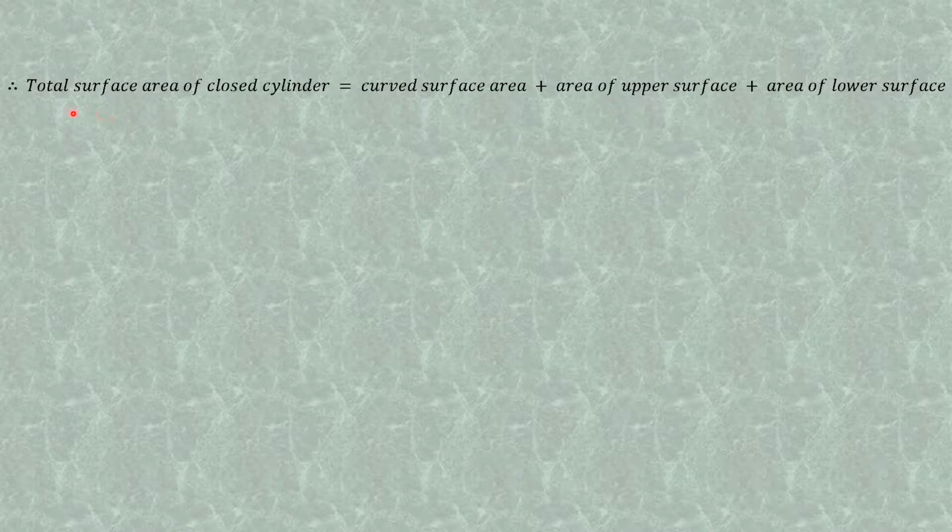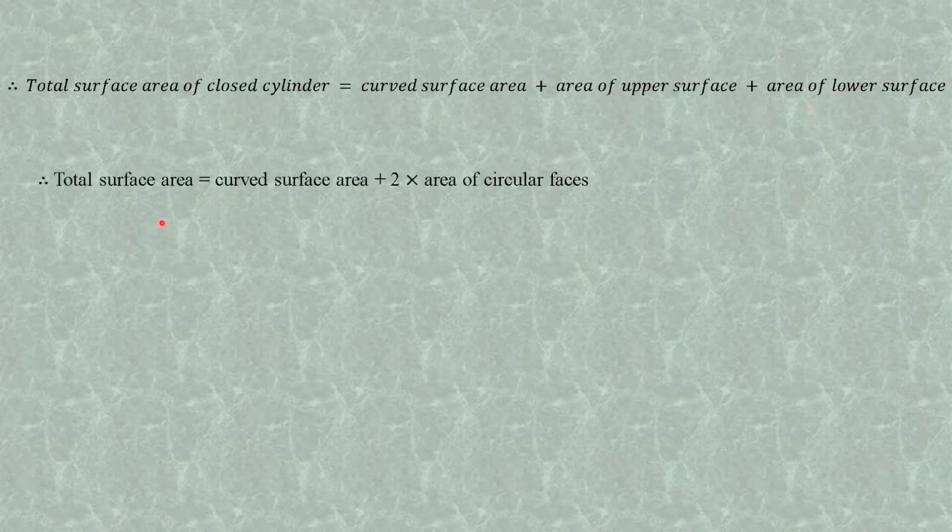But when I say total surface area, it is the curved surface area, that is the middle portion of the cylinder, plus area of the upper surface and plus area of the lower surface. Both upper and lower surfaces are circular in shape. So the total surface area is equal to curved surface area plus 2 times the area of the circular face, because both of these are the same.